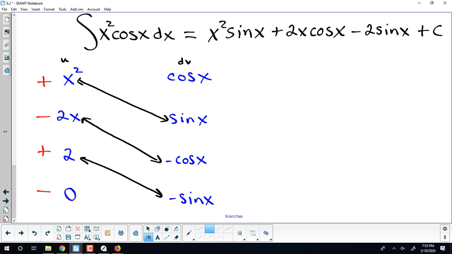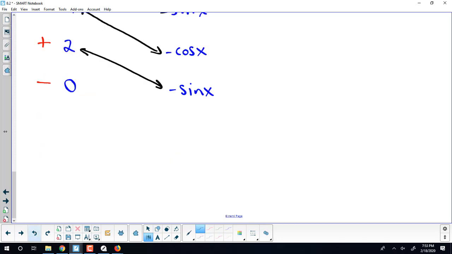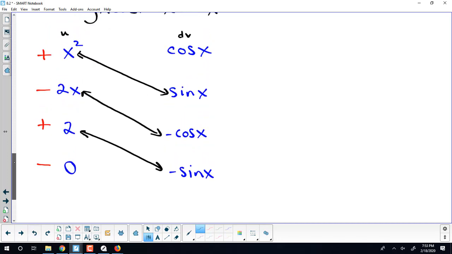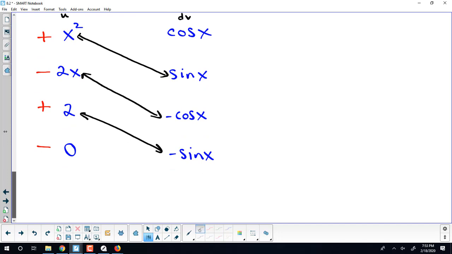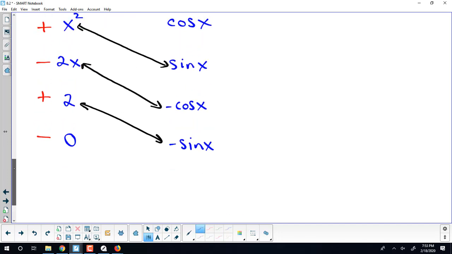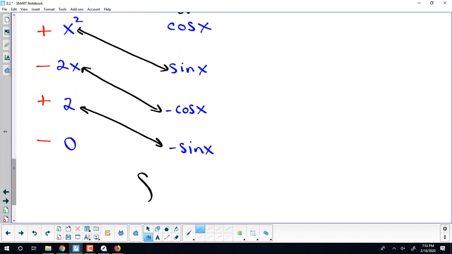So for instance, I could also have taken my table and said that the integral of x squared cosine x, maybe I start off by saying x squared times sine x.